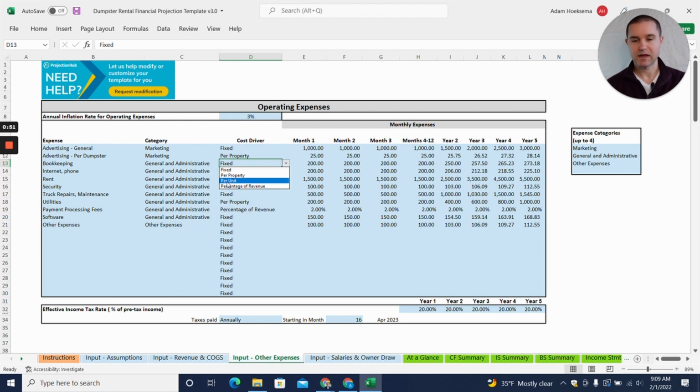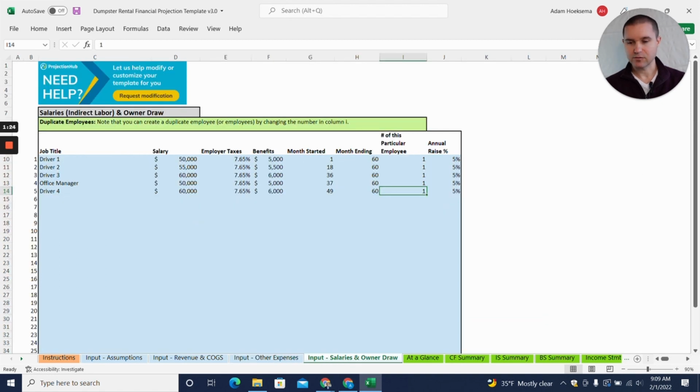Maybe you have to pay insurance on a per unit basis or something. Maybe it's really cheap. Maybe it's $5 a month per unit, but you want to project per unit. In other words, per dumpster that you own. You have that flexibility here. And then you can do an expense as a percentage of revenue. And a good example of that would be a credit card processing fee that might charge 2 or 3% of their revenue.